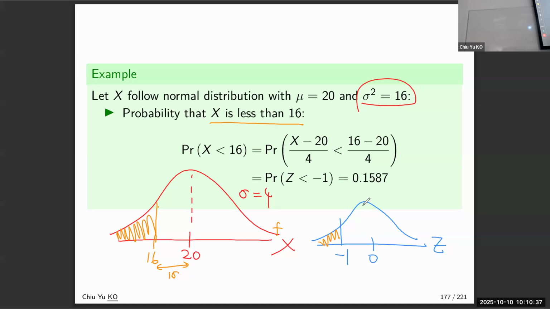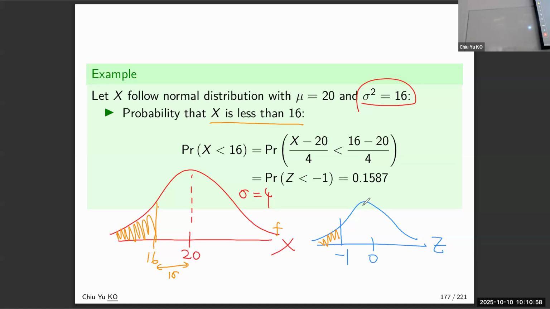So just find the area for Z equal to -1. Just go to the table, look at Z equal to -1, which is about 15%. We found that already, so that will be done.